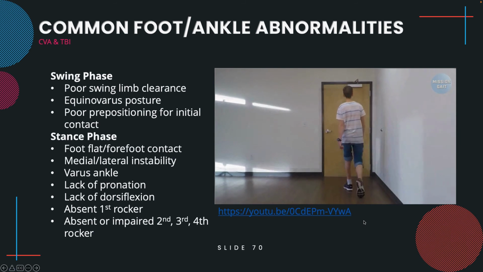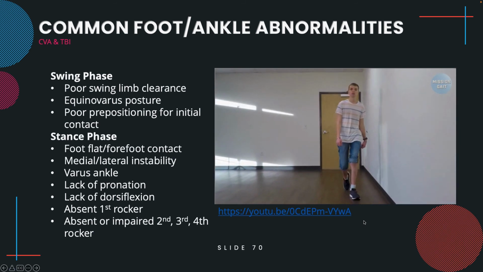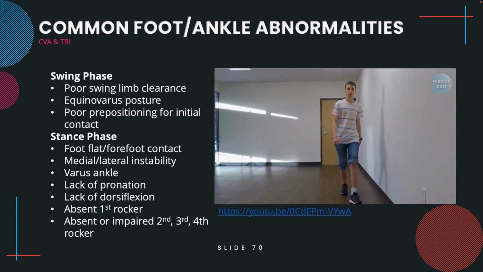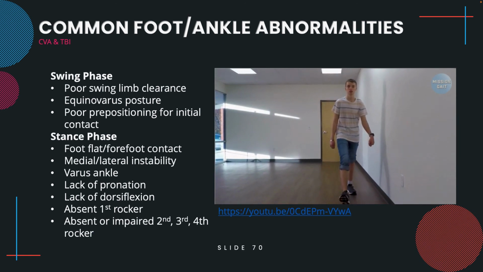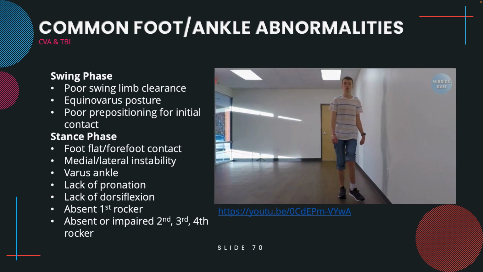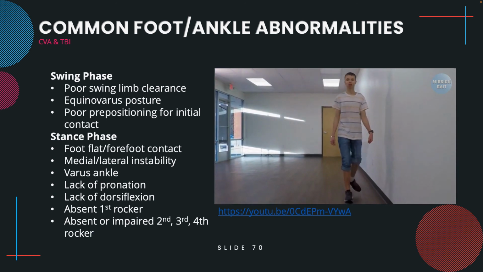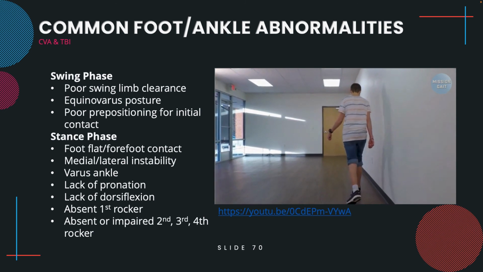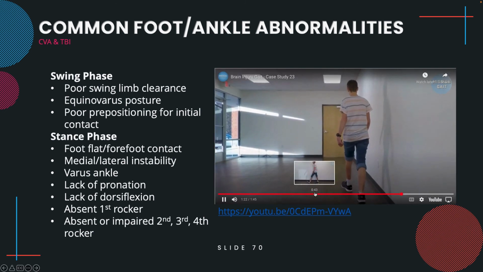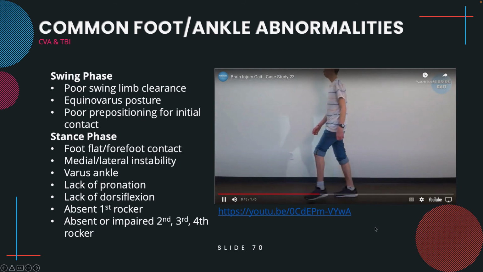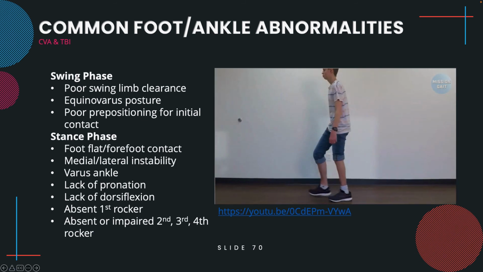A little bit of a medial whip as he is trying to clear that left foot through. Limited heel contact. He might get a little bit of it down. It's mostly a foot flat contact, no real heel rocker, and a limited toe rocker. If we look at the sagittal plane here.